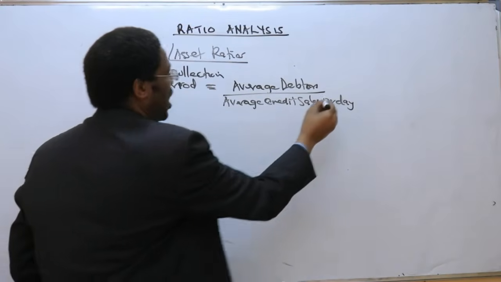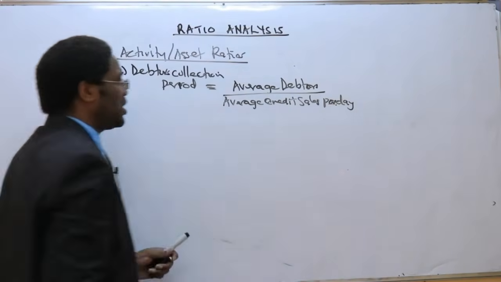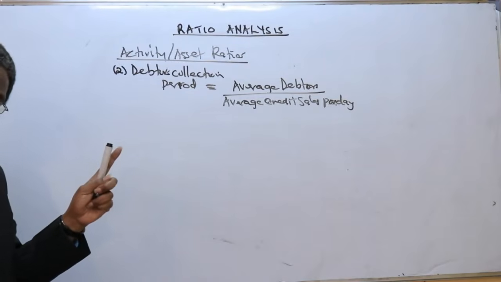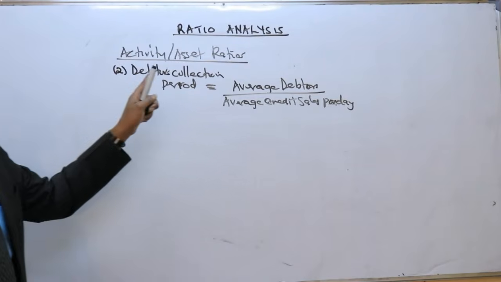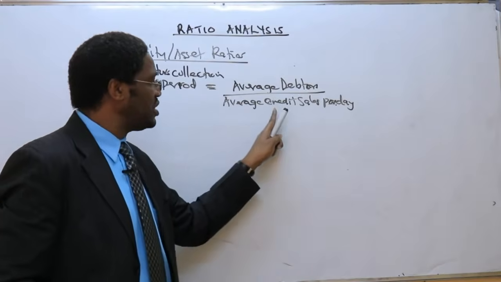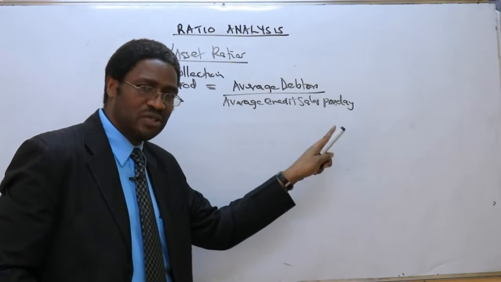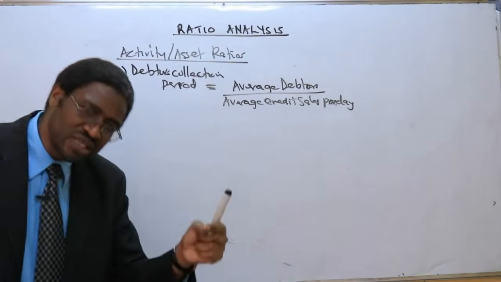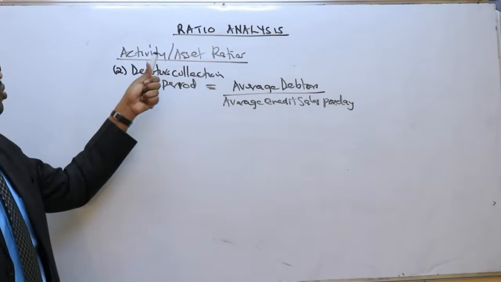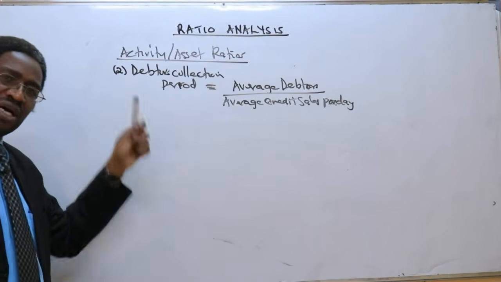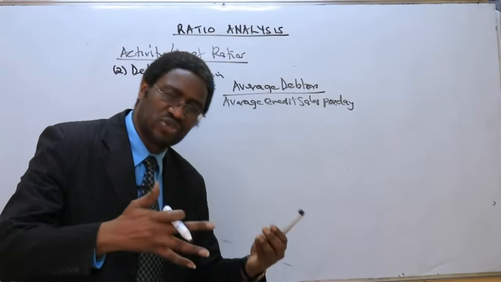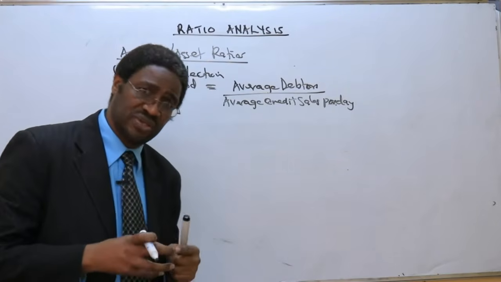That's generally how we get it. We are saying take the average debtors of the company, you divide that by the average credit sales per day. We are using credit sales. Why? Because they are the ones which bring about debtors. Cash sales don't bring about debtors, so you only use the credit sales.